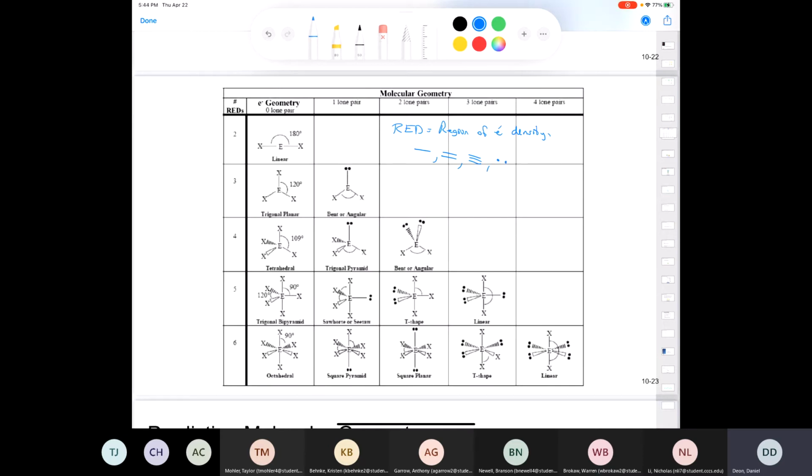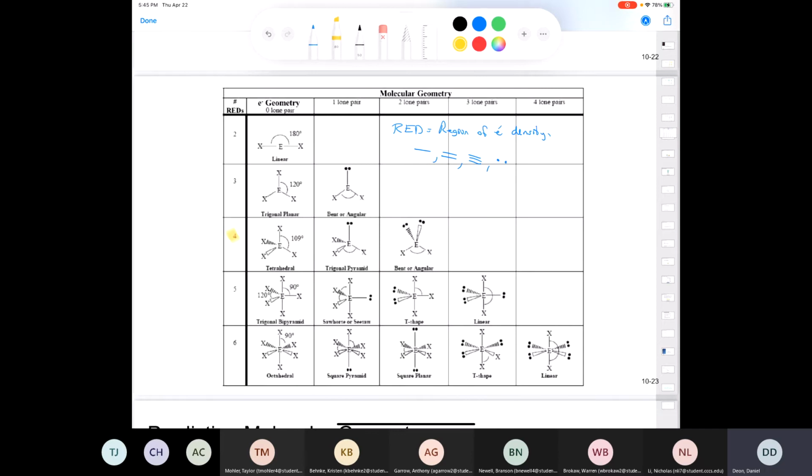So one single bond counts as a region of electron density. One double bond counts as a region of electron density. One triple bond counts. One lone pair counts. And so you can use this table while you're studying to help you familiarize yourself with molecular geometries. All right, let's say you have 4 regions of electron density. You've got 3 bonds and 1 lone pair.